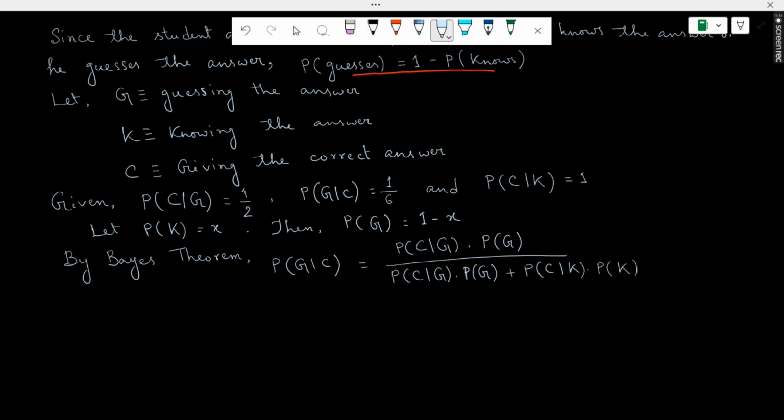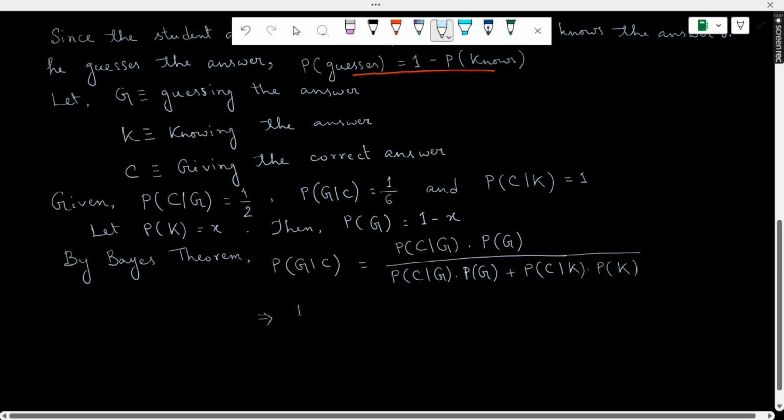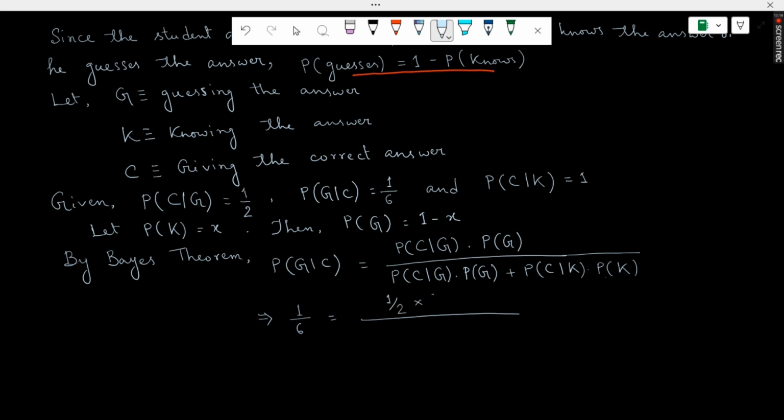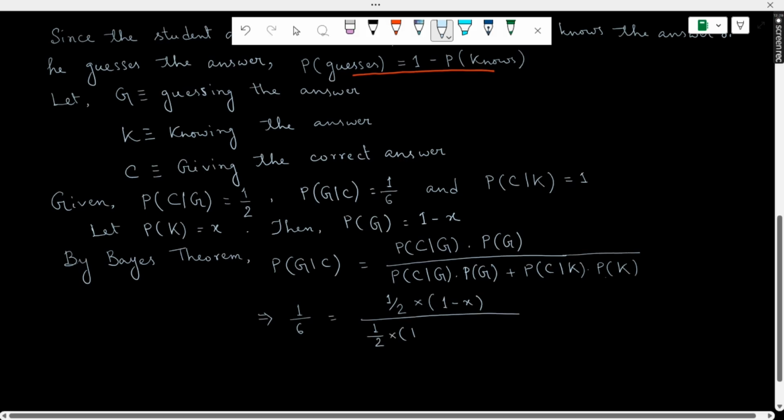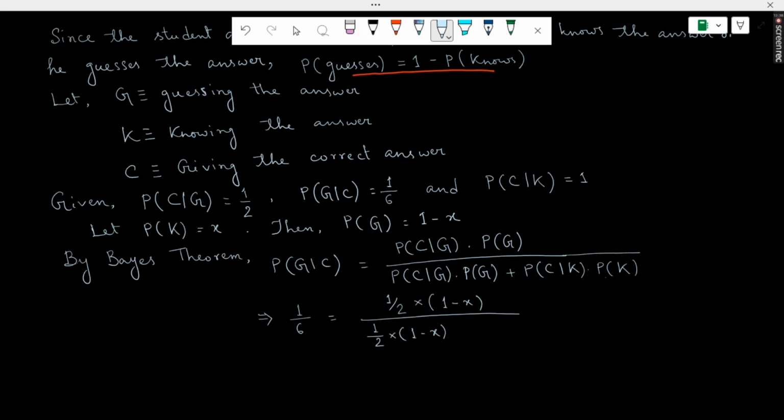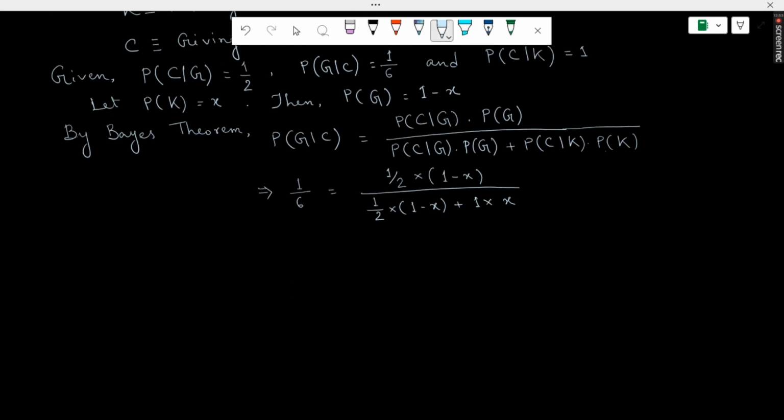Now put all the values. After putting the values, we will get 1 by 6 is equal to 1 by 2 into 1 minus x by, again, 1 by 2 into 1 minus x plus 1 into x, which implies that 1 by 12 into 1 minus x plus x by 6 equals 1 by 2 into 1 minus x.